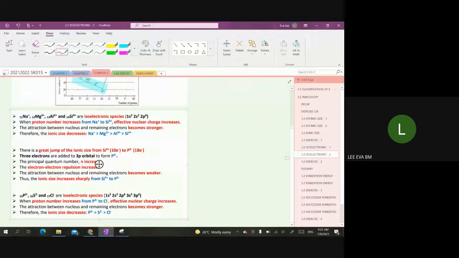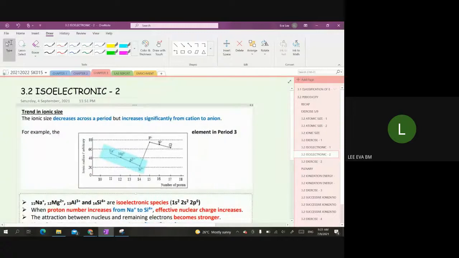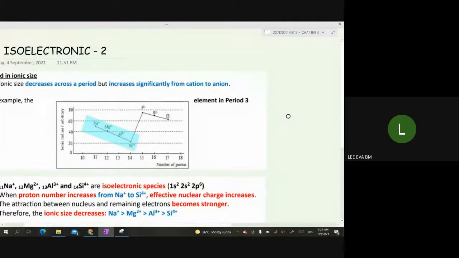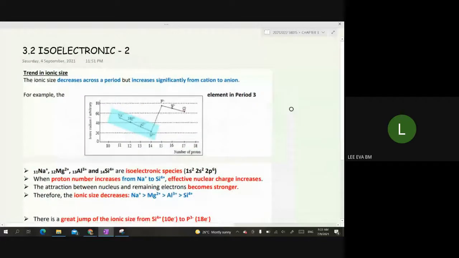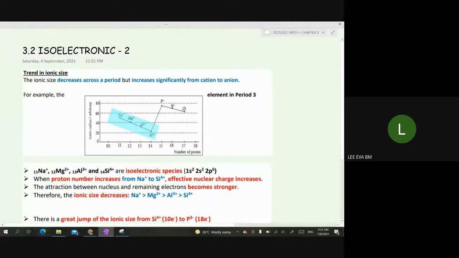So the next part about isoelectronic as well is looking at the trend. Just now we compared, now we want to talk about the trend. The explanation is quite long, so madam will go through it, but it is quite similar to just now. Looking at the trend in ionic size across a period, you will see the general trend here: ionic size decreases across a period.